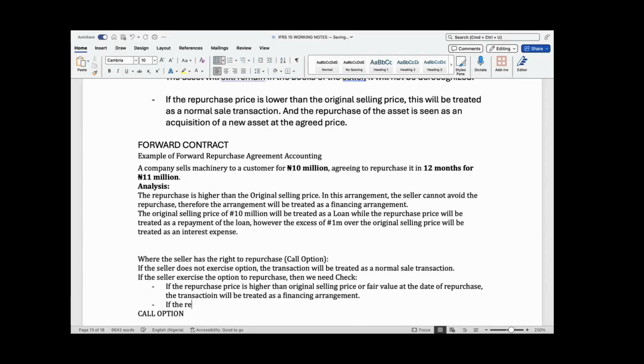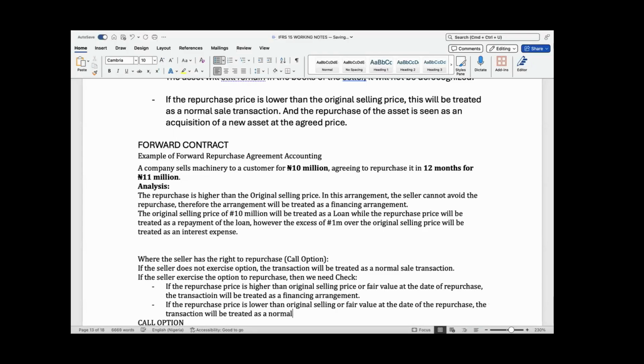But if the repurchase price is lower than the original selling price or fair value at the date of the repurchase, the transaction will be treated as what?